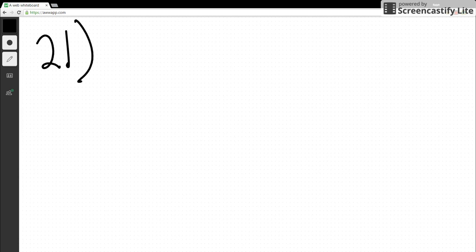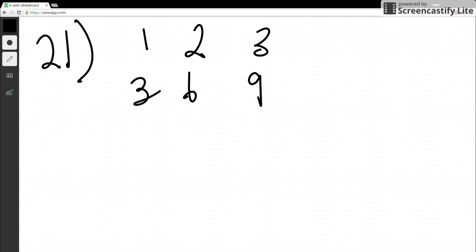21. They want us to find the common difference, or common ratio, depending if it's linear or exponential. We got to figure that out. So we have 1, 3, 2, 6, 3, 9, and 4, 12.